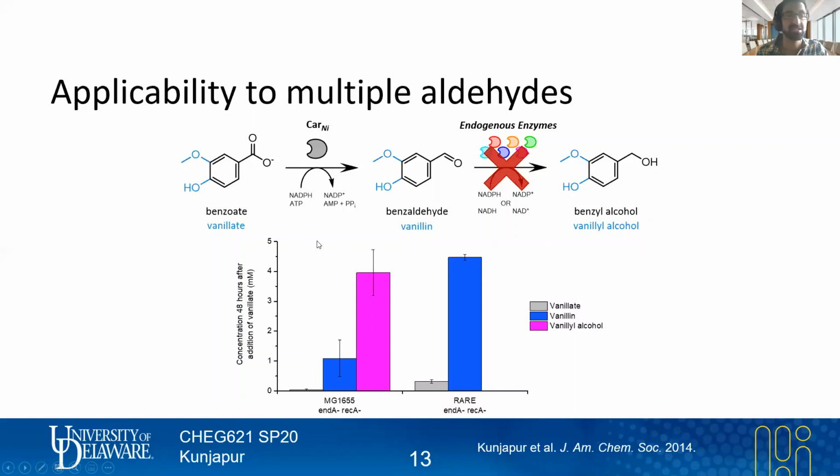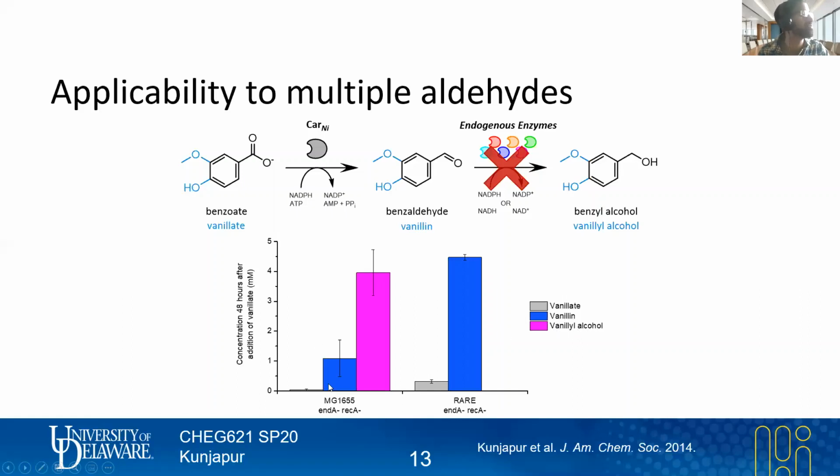There are a few things that are different here. We picked 48 hours, so 2 days rather than 1, because the carboxylic acid reductase works slower on vanillate. So the rate of formation of vanillin in the cell is decreased. And we also thought that these AKRs or ADHs are also going to act slower on vanillin.